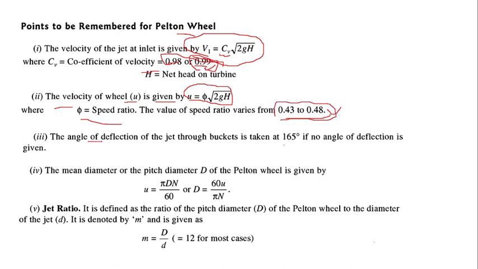The angle of deflection of the jet through the buckets is 165 degrees. If no angle of deflection is given, take it as 165 degrees.